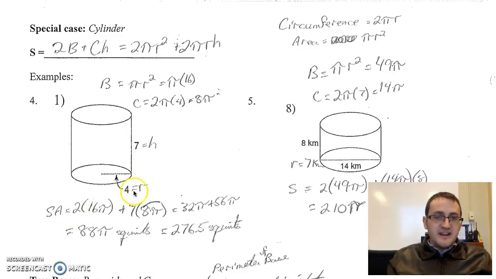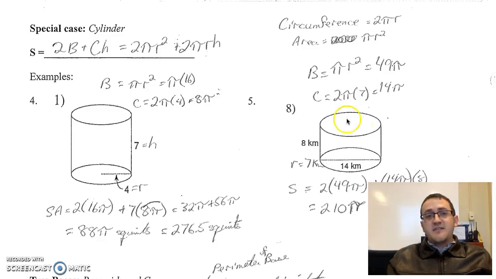So I'm going to find the area of my base, 8 pi. And then I'm going to add to that 7 times 8 pi. So I got 32 pi plus 56 pi to get me 88 pi square units.